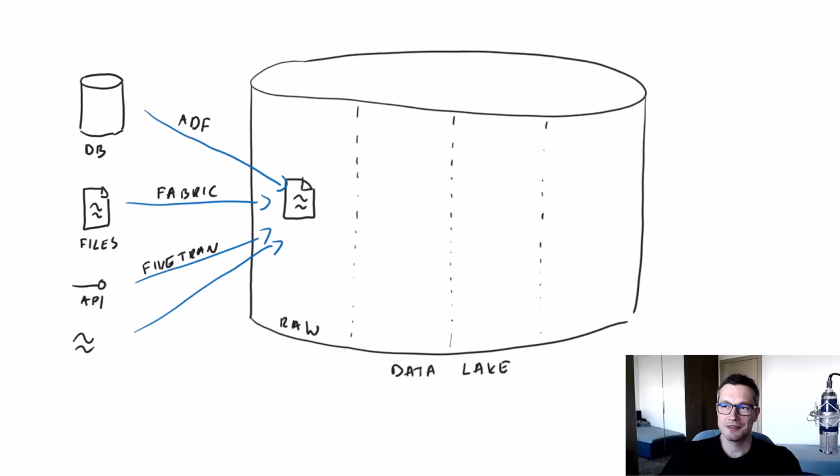we want to convert it into the Delta Lake format. So instead of files, we would work with tables. So let's say you've got 3 tables in the bronze layer.